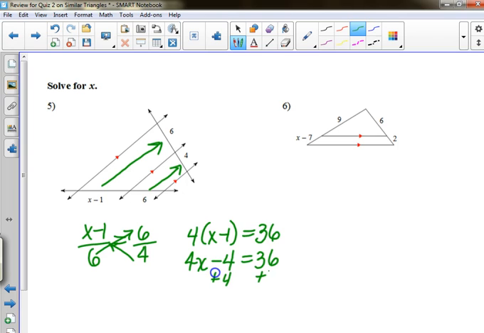Add 4, and divide by 4. Right, I got 10. If we plugged it back in, remember that length would be 9, but all it asks for is solve for x.